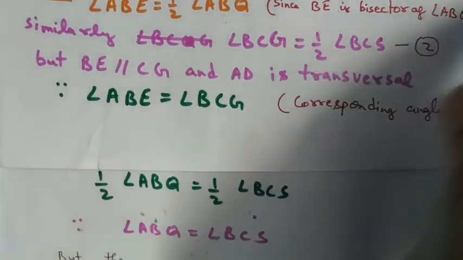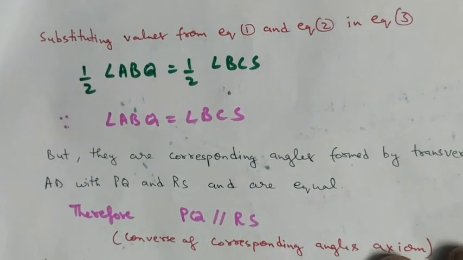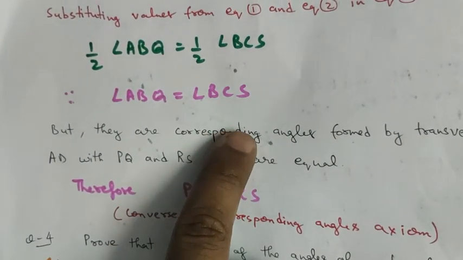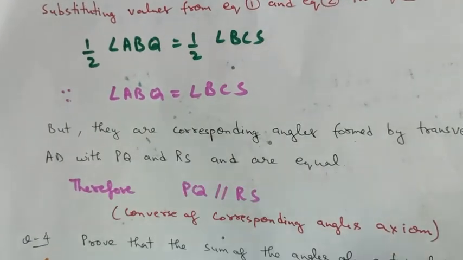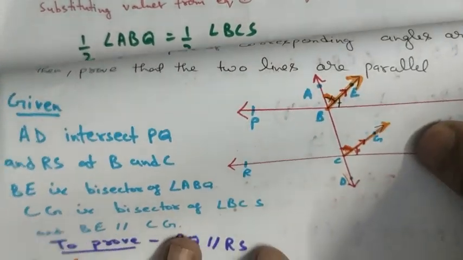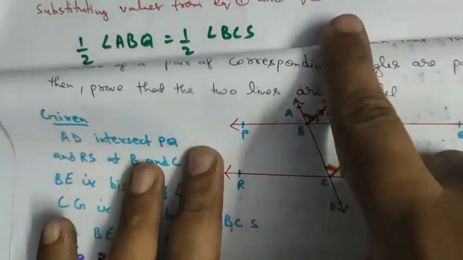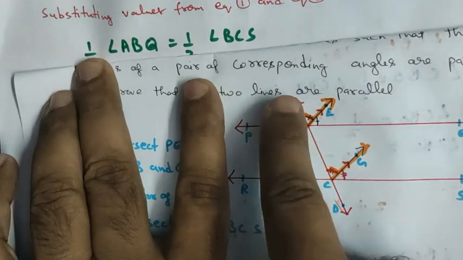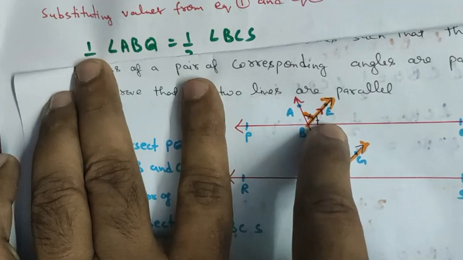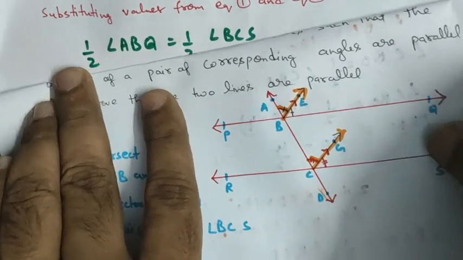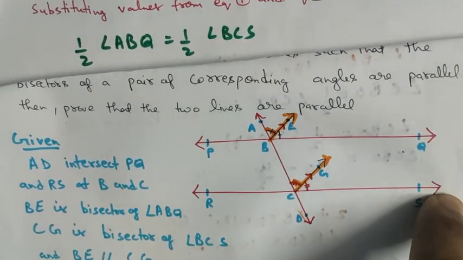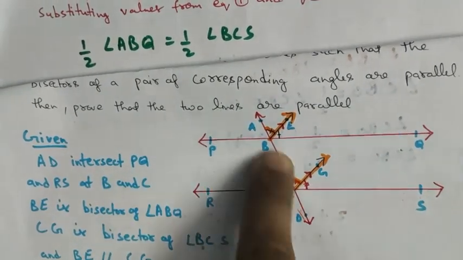So half and half cancel from both sides. With this we get that angle ABQ is equal to angle BCS. But these angles ABQ and BCS are also the corresponding angles when we take PQ and RS as the parallel lines and AD as the transversal.